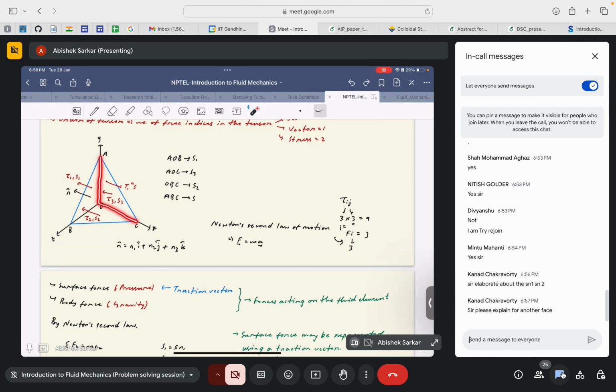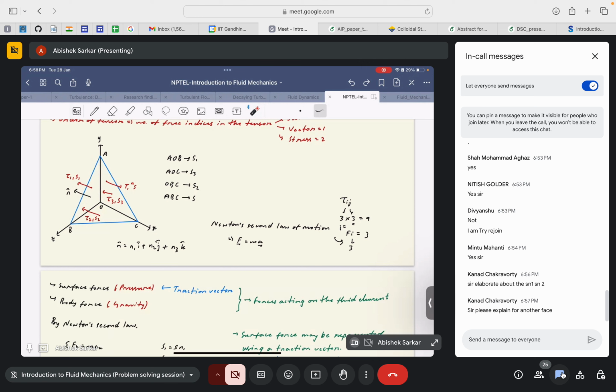In the x direction, the surface perpendicular to the x direction is this surface, so its normal vector is along the x direction.